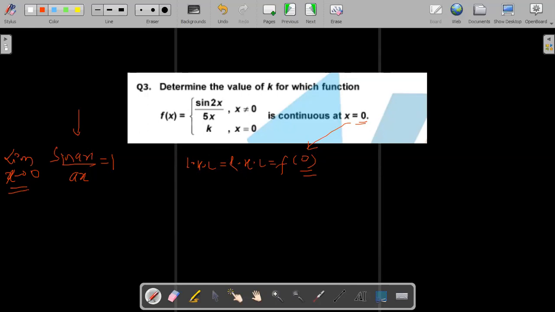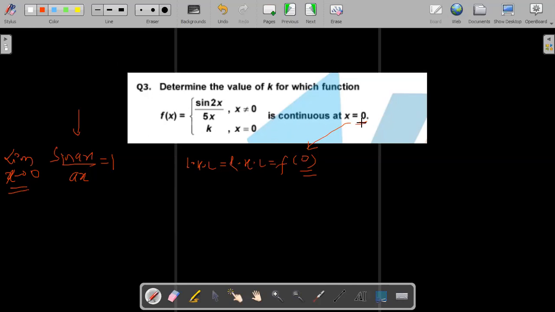So value of limit would be the value of limit. That means when you substitute x is equals to 0 in the function, what are you getting? So it's k. If you substitute in sin 2x by 5x, you'll get sin 0 by 0.